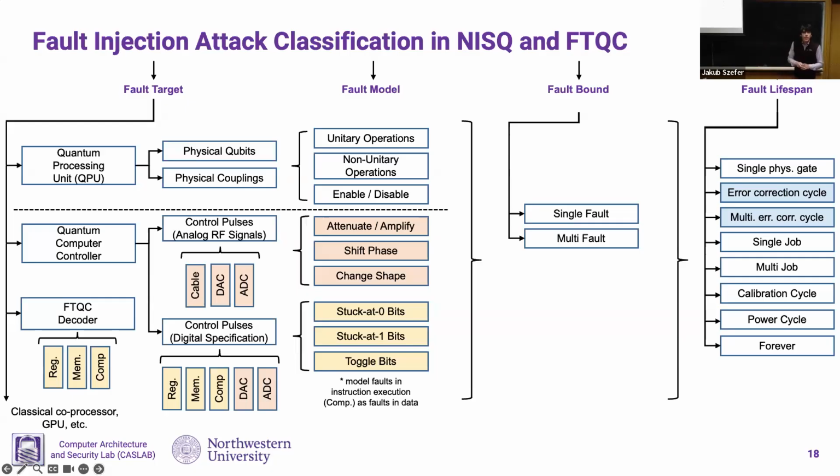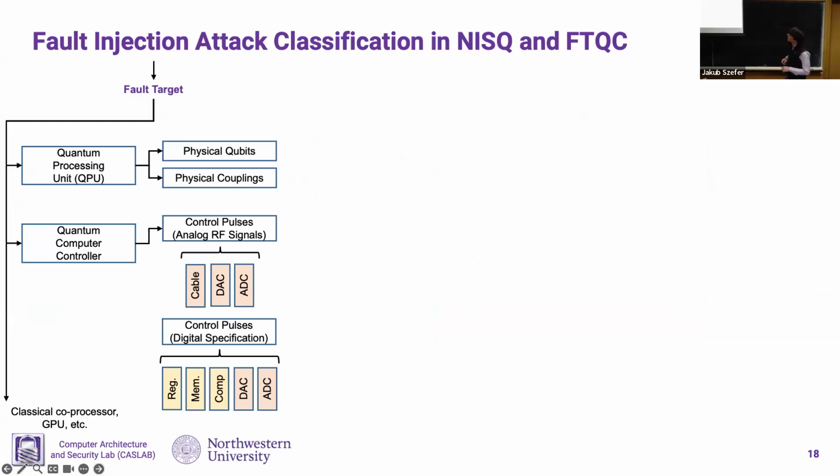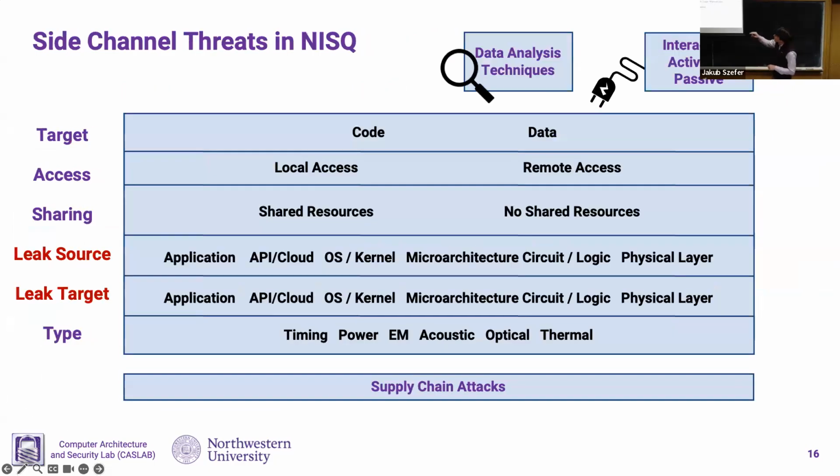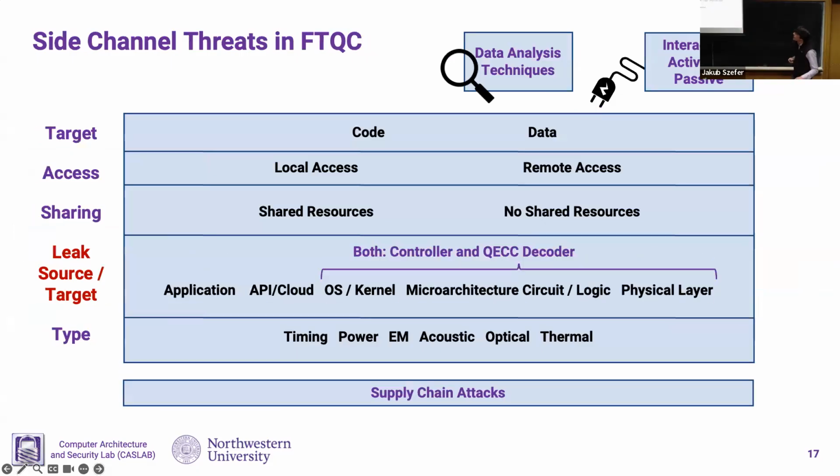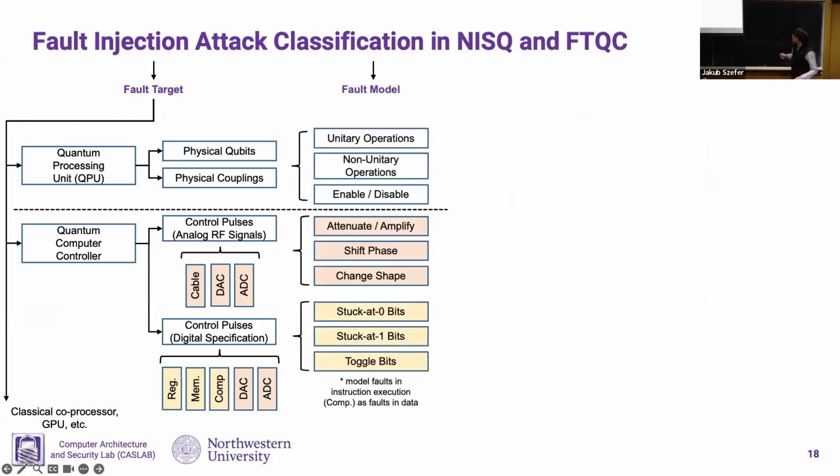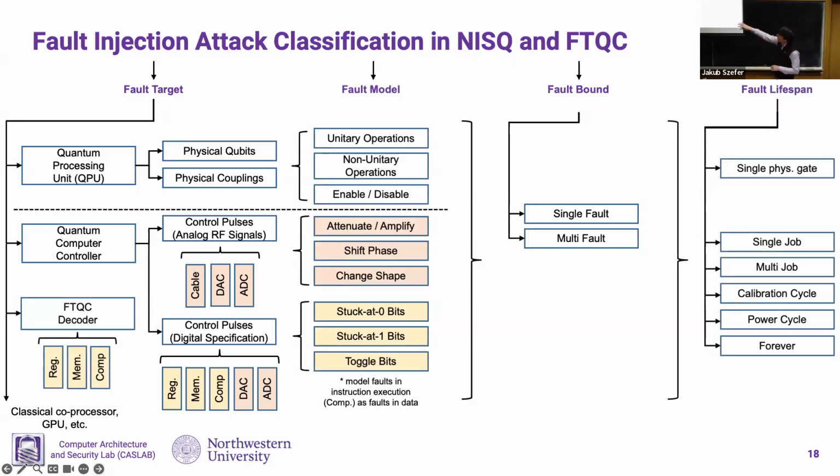Just to review, remember that for side channels, one of the important things is the source and the target, when you're leaking. And for fault injection, again, what is the target, especially the analog or the digital part, or the qubits if we're talking about attacking the QPU.